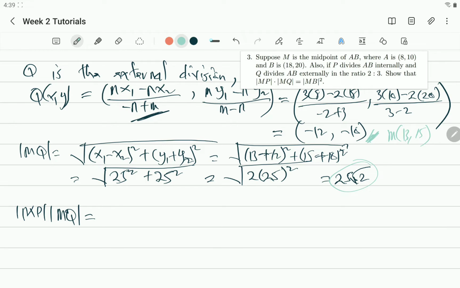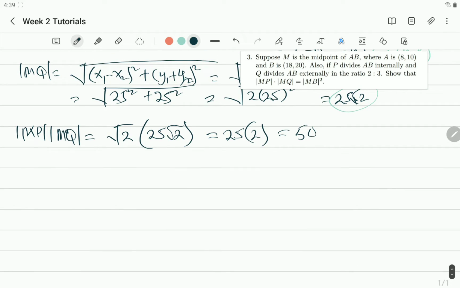So MP, which is root 2, times 25 root 2, which is the MQ, is basically giving us 25 times 2. Remember our set properties. That eventually gives us 50.